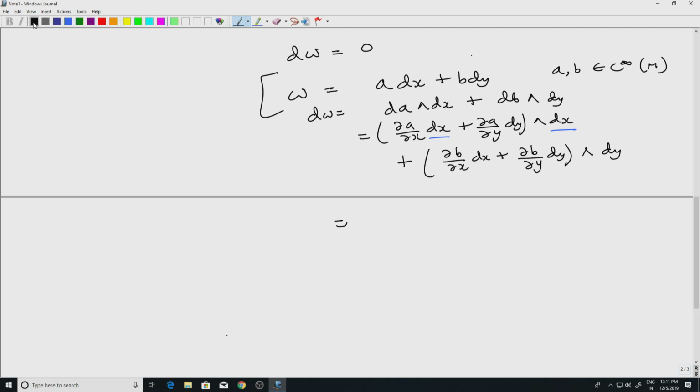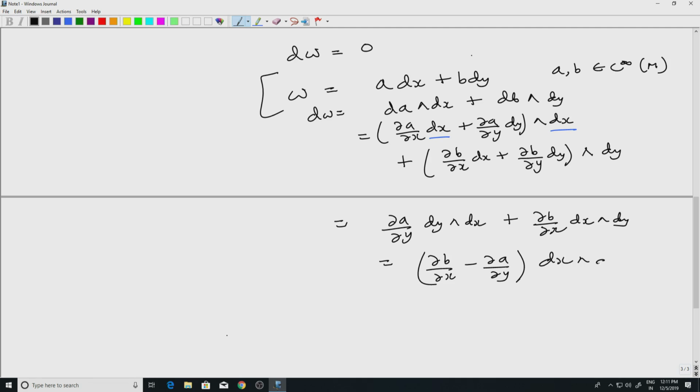So let's write those two terms: del A by del y dy wedge dx plus del b by del x dx wedge dy, and I can swap this, dy wedge dx is minus dx wedge dy. So after doing that and combining, I'll get del b by del x minus del a by del y dx wedge dy.